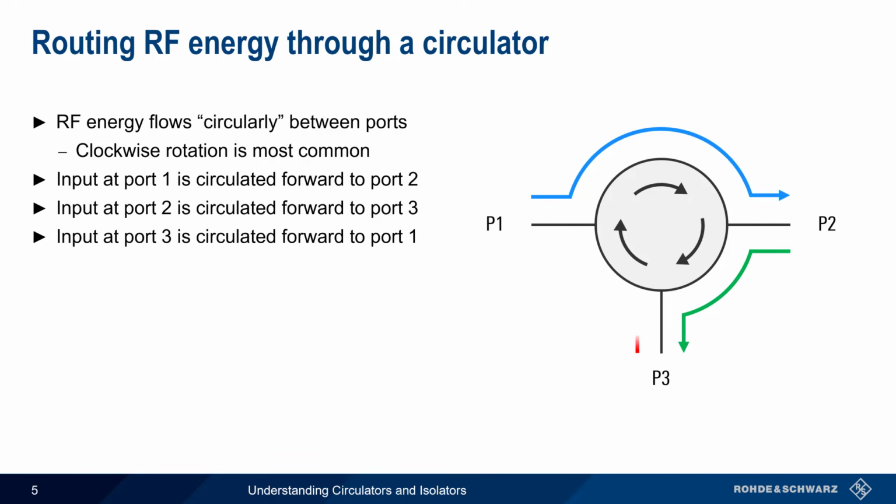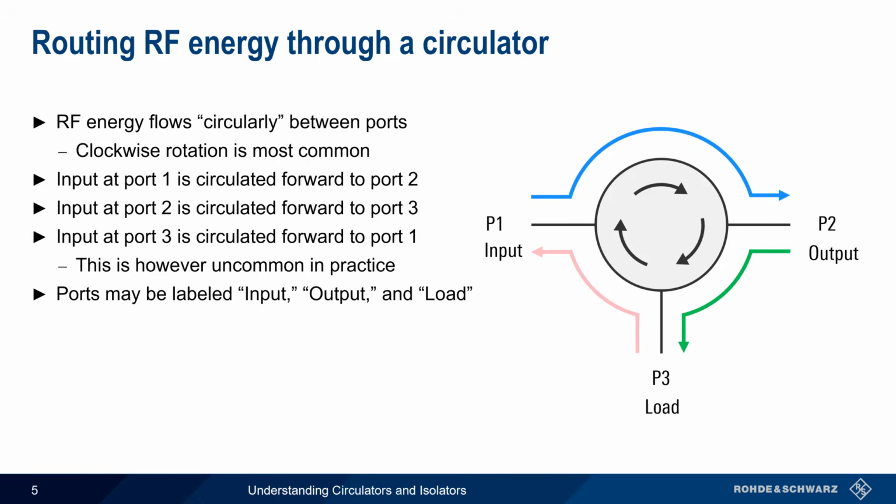And a signal input at port 3 would be circulated clockwise to port 1. It should be mentioned that this last case, that is, an input signal at port 3, is somewhat uncommon in practice. The ports of a circulator may be labeled as input, output, and load, which alludes to how these ports are typically used. We'll talk more about this in just a few moments.